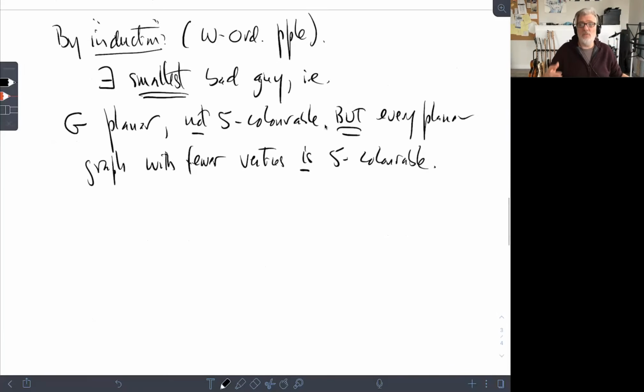Okay, this is a really classic trick in discrete math in general, where you take a smallest counterexample and you play with that.